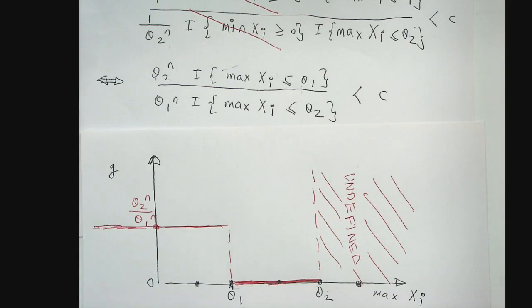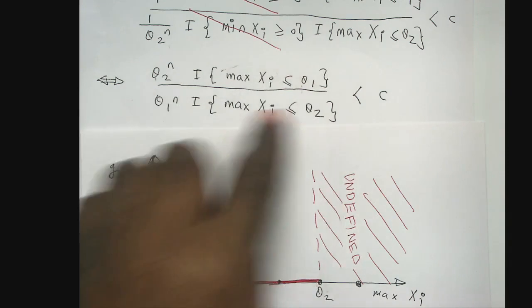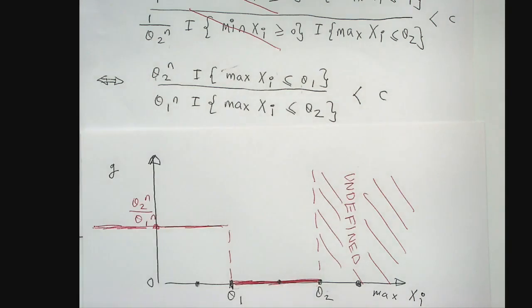I have graphed this as a function of max of xi, and what you see here is a step function, a decreasing step function, right?